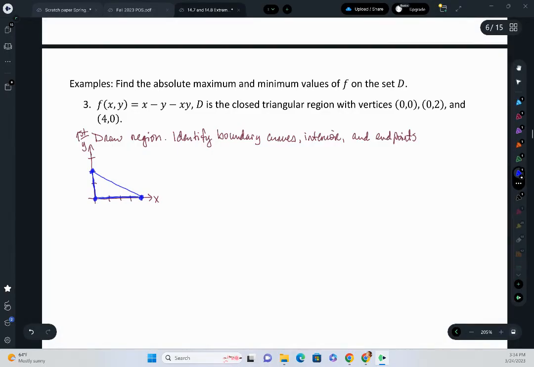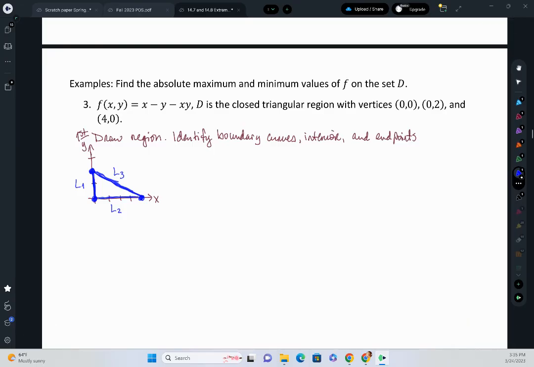The edges of my triangle, I am making them very solid here to emphasize that those are my boundaries. Those are the things I need to identify, so I'm going to name them: L1, L2, and L3. The big fat circles are my endpoints, and I'm going to identify those as well.